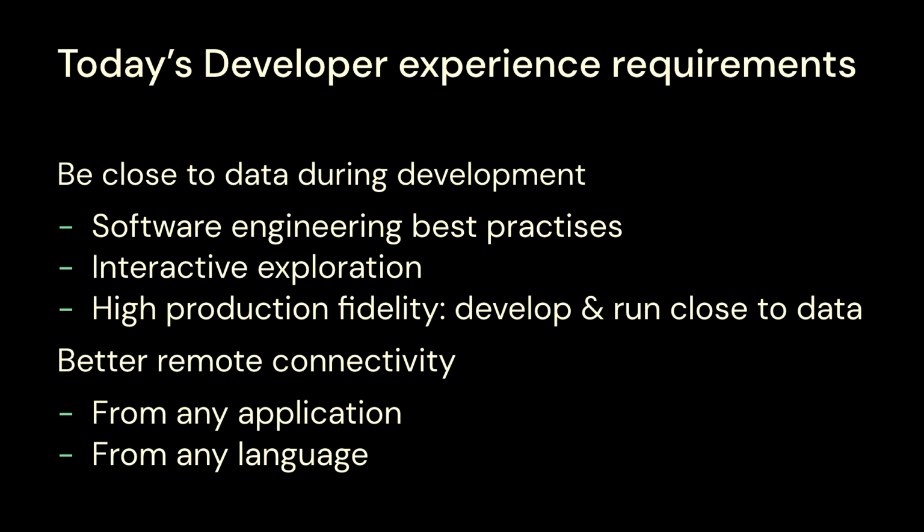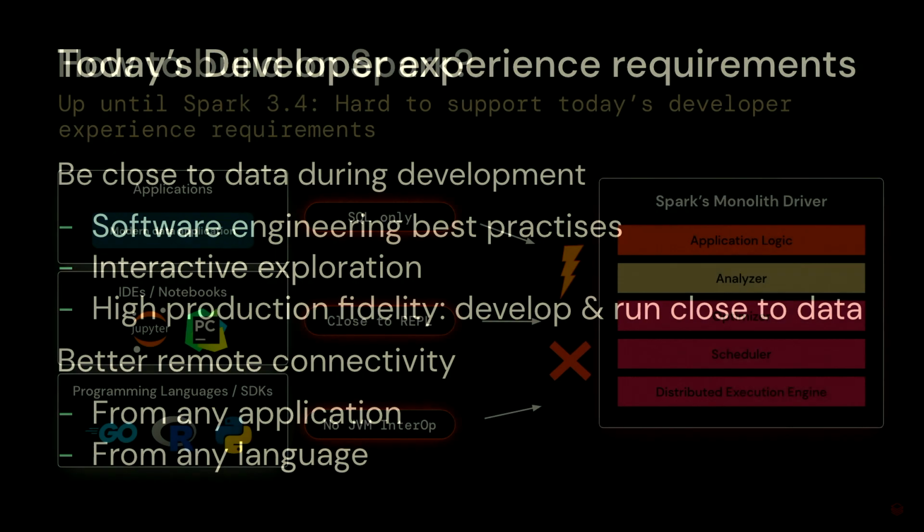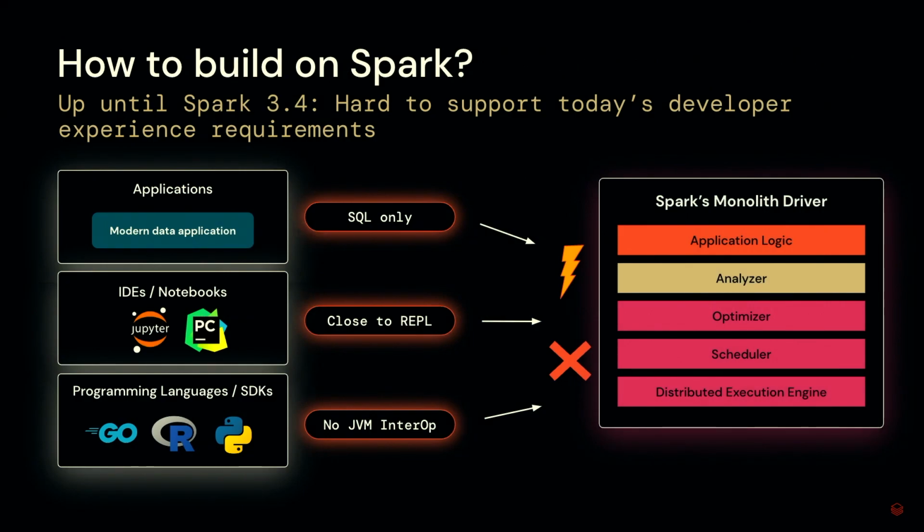And then there's this whole class of other requirements where, I mean, every application today is a data application, so ideally you just want to interact with Spark from any type of application, but also from different types of languages. Up until Spark 3.4, that was really hard to achieve. If you wanted to integrate with Spark from your data application, you had a couple of possibilities.